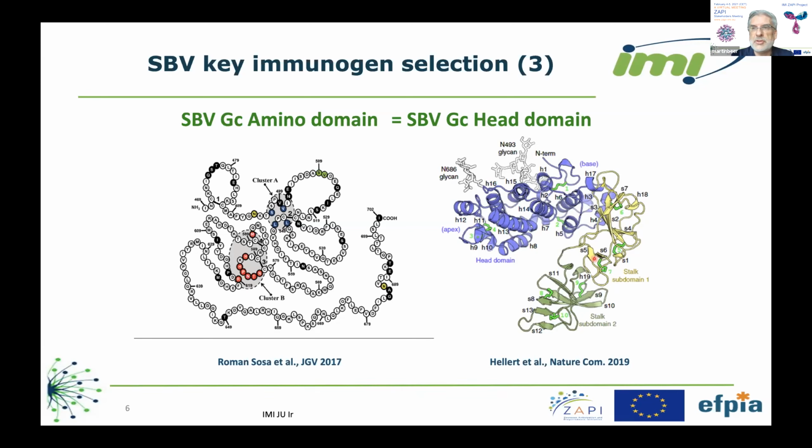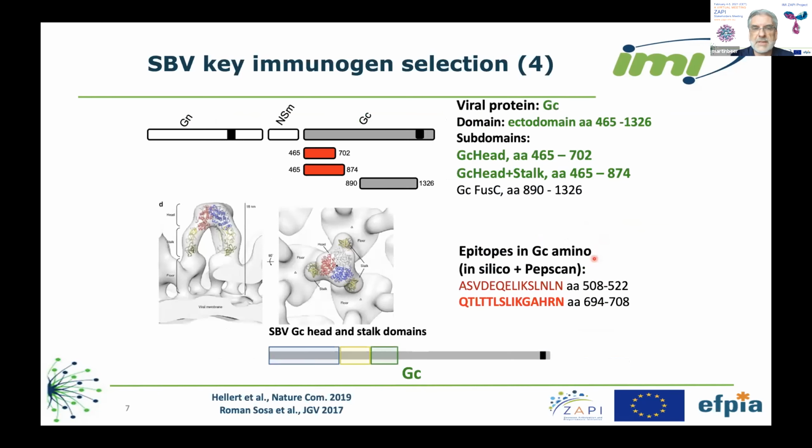So in the project, we came from a very rough prediction that Gc might be important, and parts of Gc, down to the structure, showing that these are important parts and how they are folded in the 3-dimensional structure. This amino terminal part, this head, is on the spike head of the glycoprotein C.